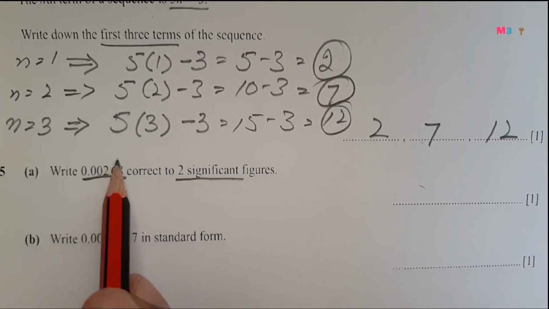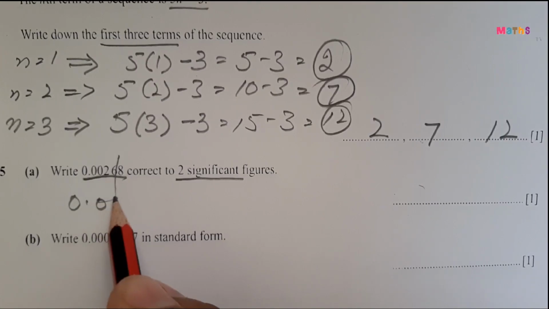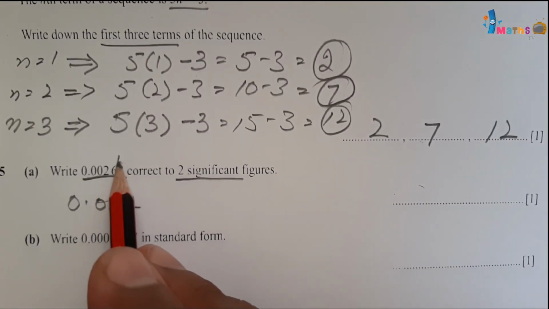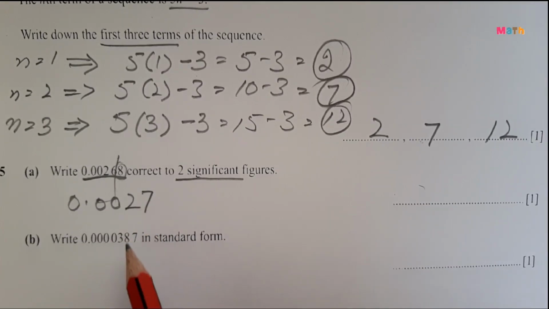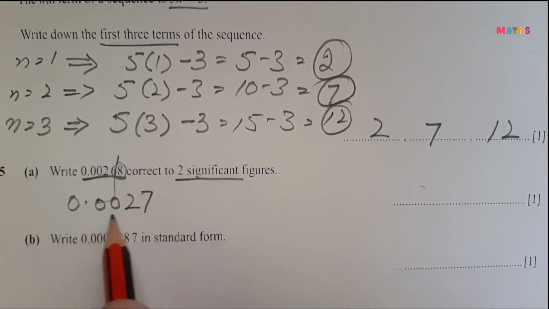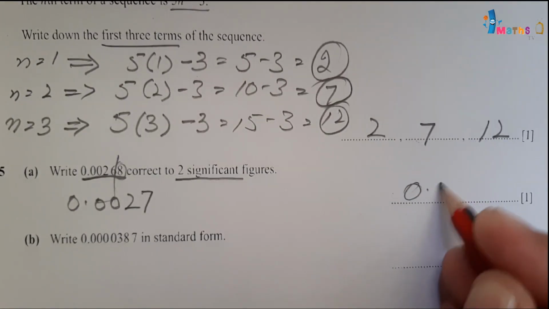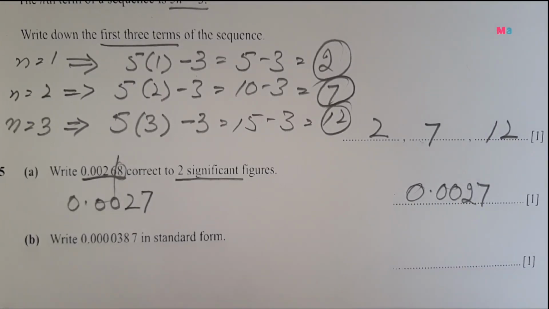We'll have to cut from here. So 0.002 and 8 is more than 5, so we will add 1 to 6, so it will be 7. So our answer will be 0.0027. This will be two significant figures.